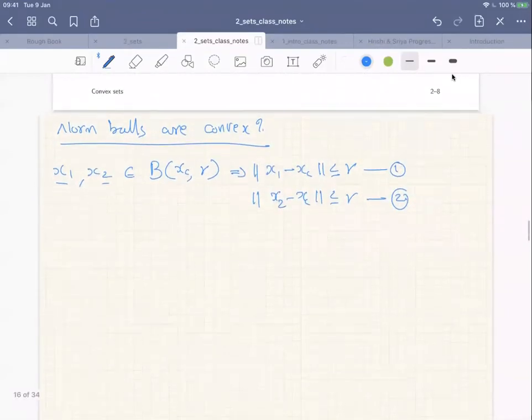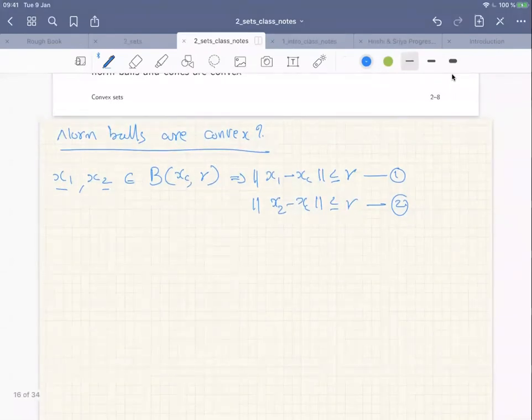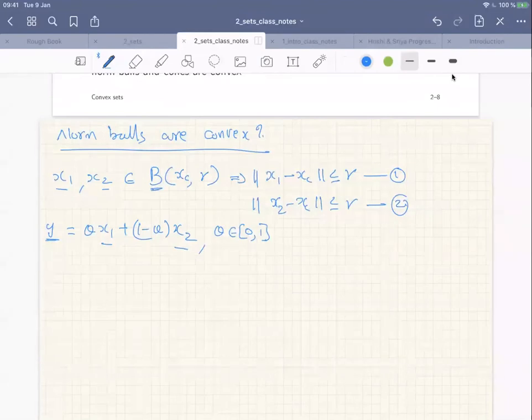Now, as usual, we will check a new point, a new vector y given by theta x1 plus 1 minus theta x2, for theta belonging to [0, 1], and whether y belongs to the same ball.